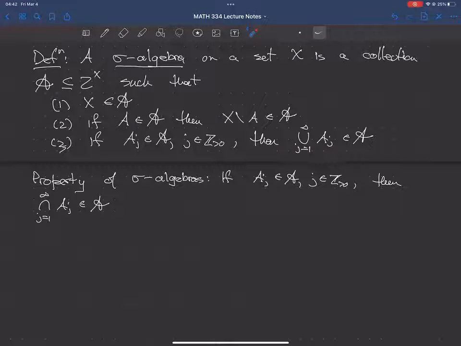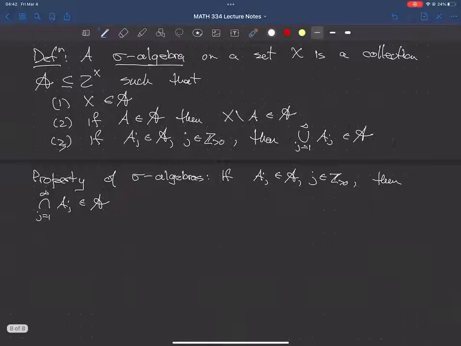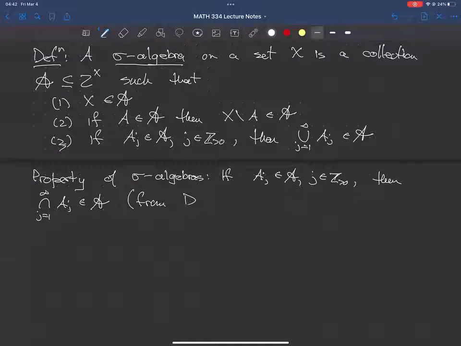But a union of complements is, by De Morgan's laws, equal to the complement of the intersection, and that gives it to you. So this follows from De Morgan. All right, so that's what a sigma algebra is.